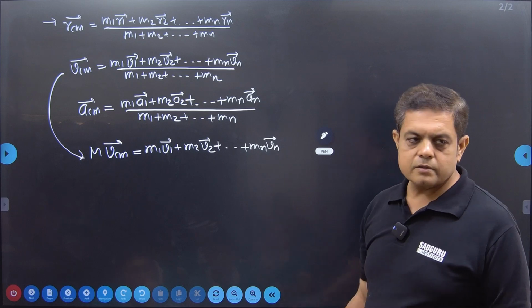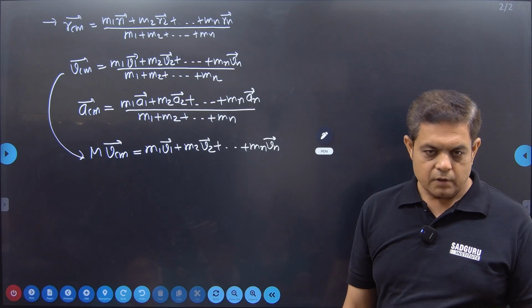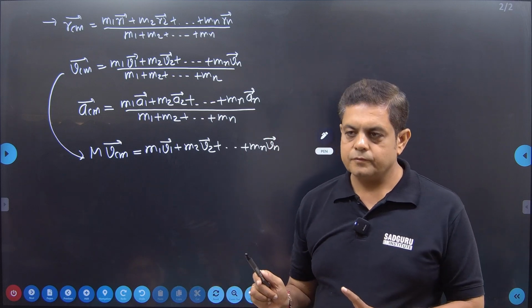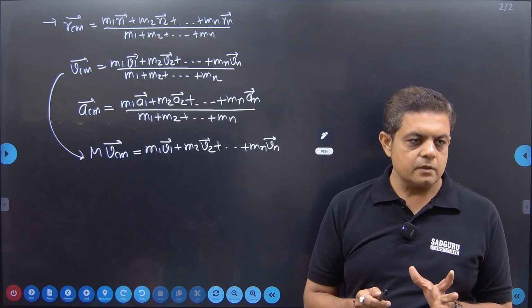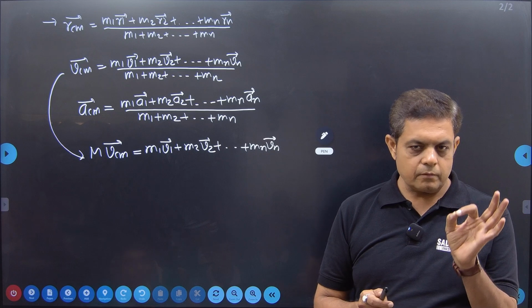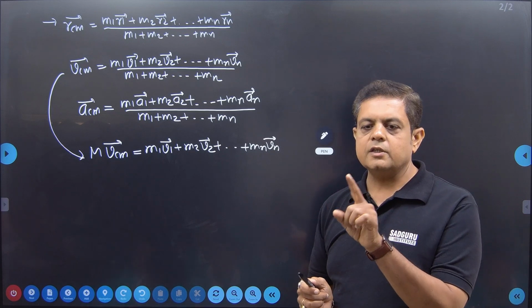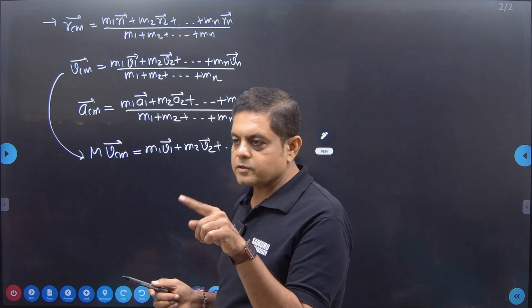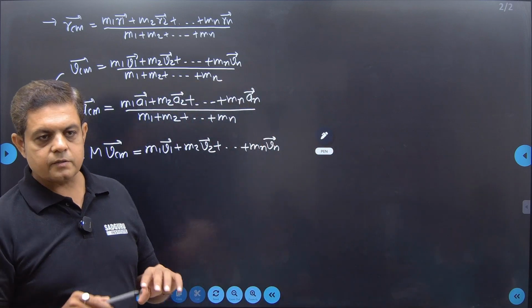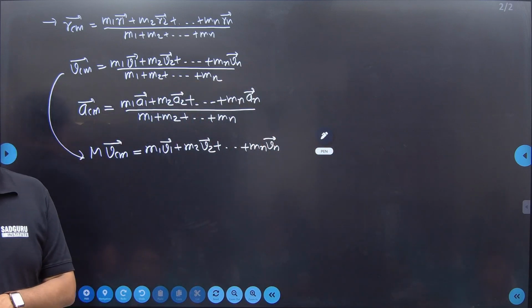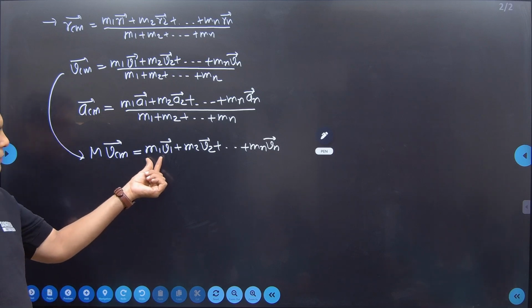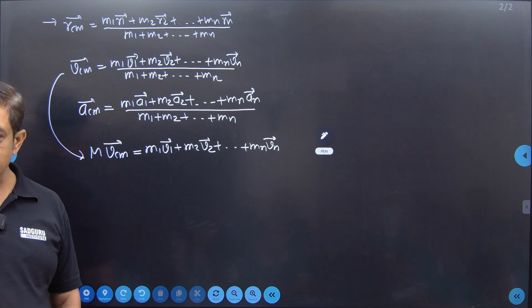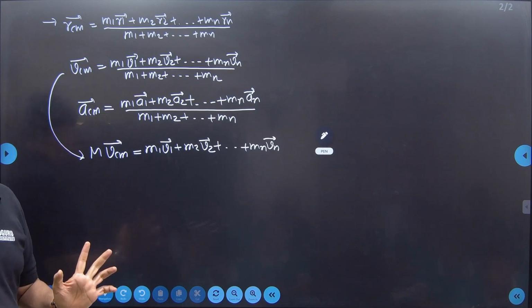Similarly, mn vn is the momentum of particle n. But M vcm cannot be written as pcm. pcm would mean the momentum of that particle which is the center of mass, but in that case it should be the mass of that particle only. Here it is the mass of the whole system. So m1 v1 is p1, m2 v2 is p2, mn vn is pn, but M vcm is not pcm.